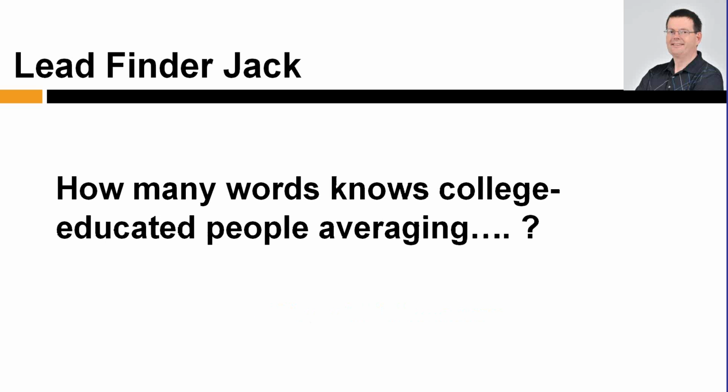The average college-educated person knows about 17,000 words. So an experienced college kid knows about 10% of all the words that exist. It is about the same for Lead Finder Jack.